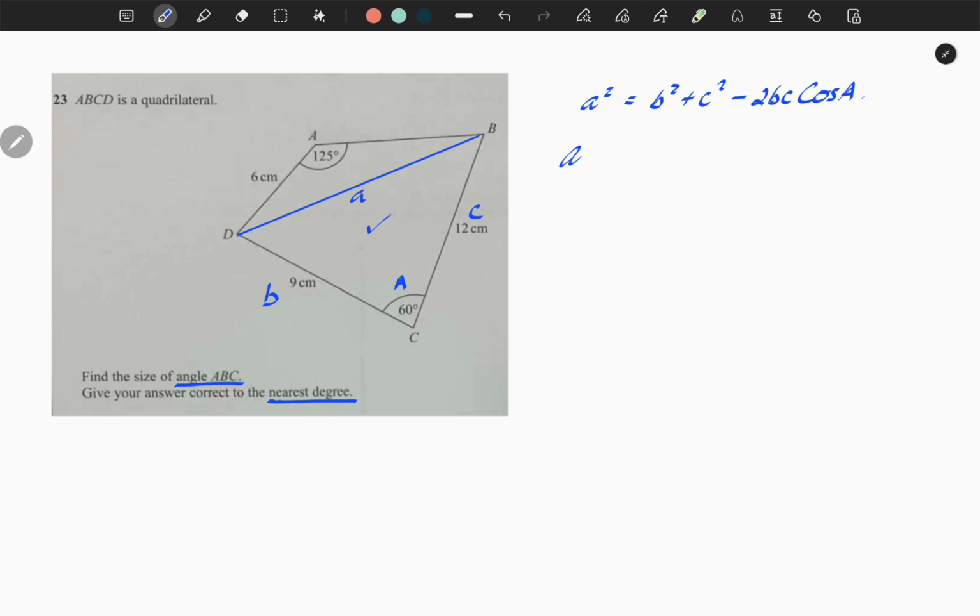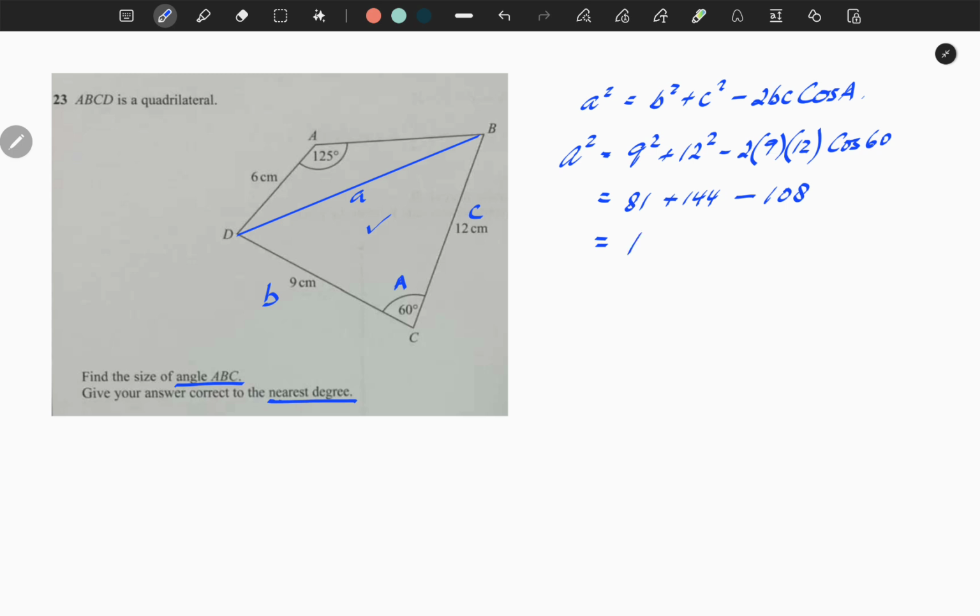Using that information, we go straight into it. So 9 squared plus 12 squared minus 2 times 9 times 12 cos 60. Now it's a calculator paper, so you don't need to worry about cosines and sines and whatever. So you've got 81 plus 144 minus 108.